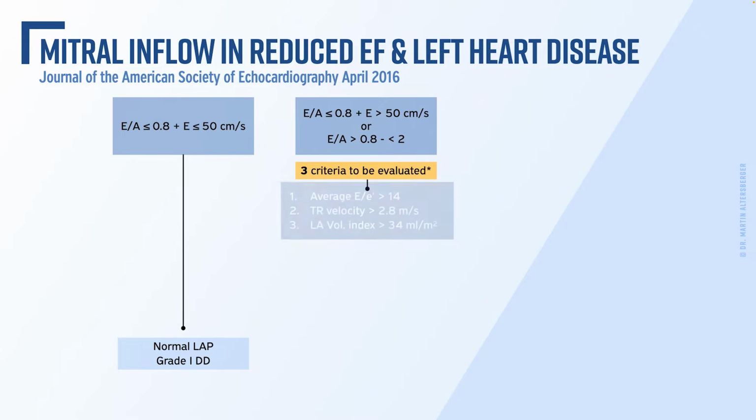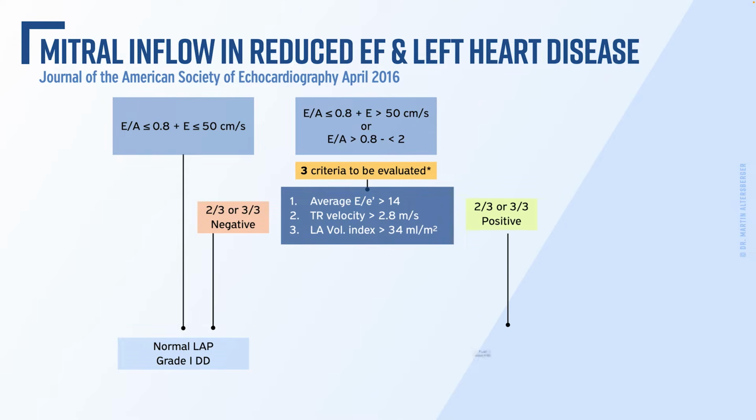When we have a different situation, an E to A ratio below or equal to 0.8 plus an E wave which is now above 50 centimeters per second, or an E to A ratio, doesn't matter how the E wave is configured, above 0.8 but below 2, we have more criteria to evaluate. We have to evaluate the E to E prime ratio. We talked about it.